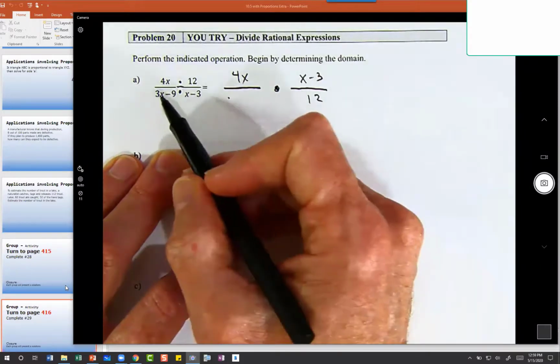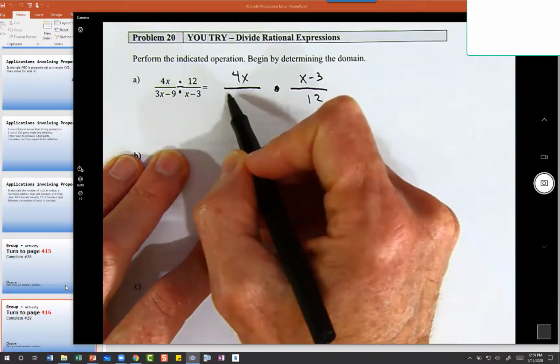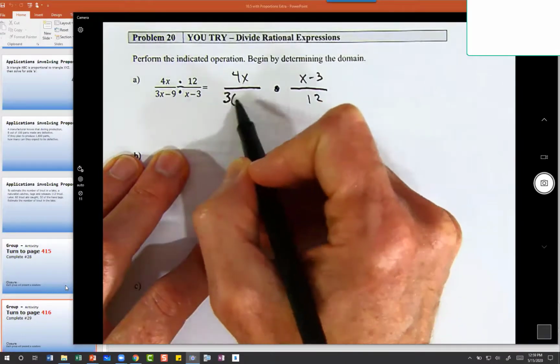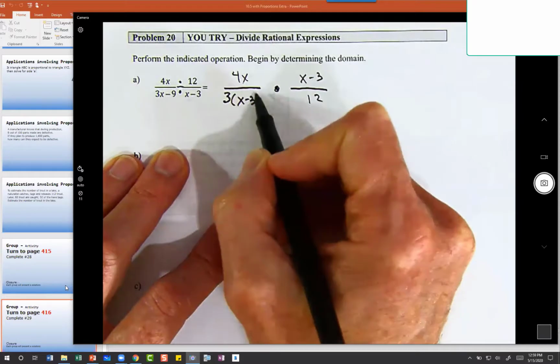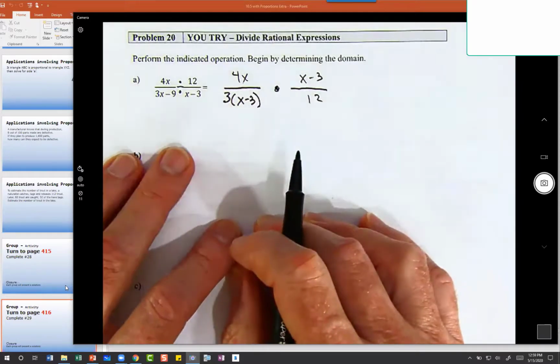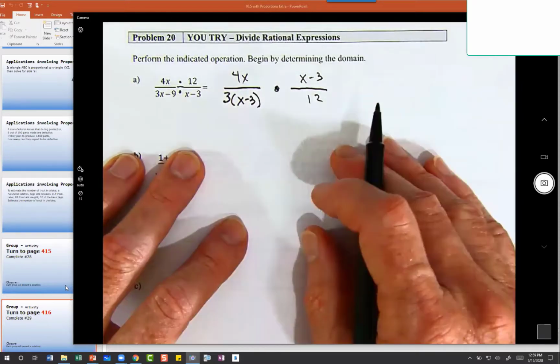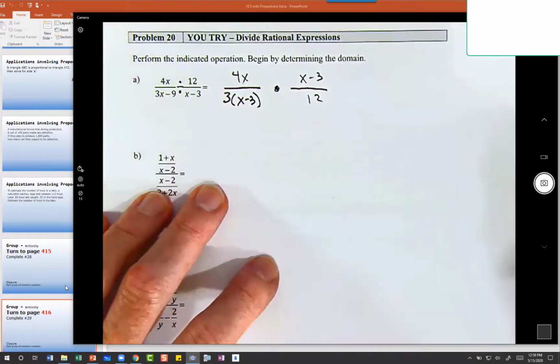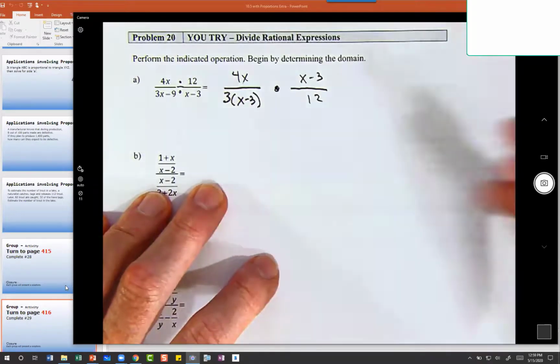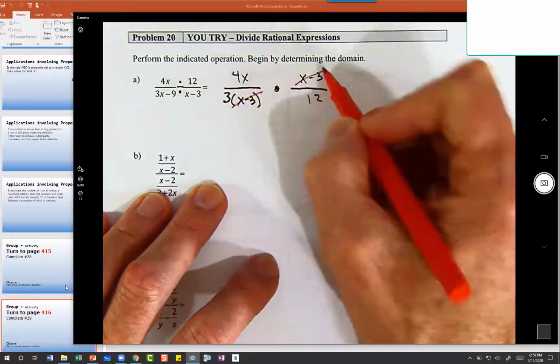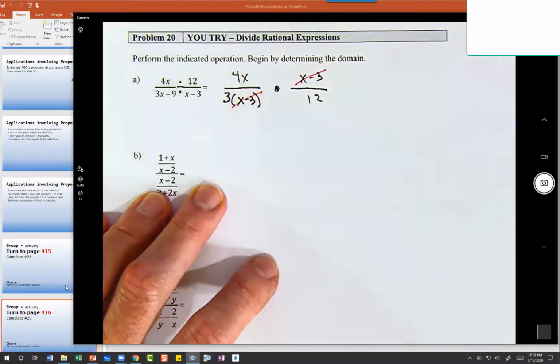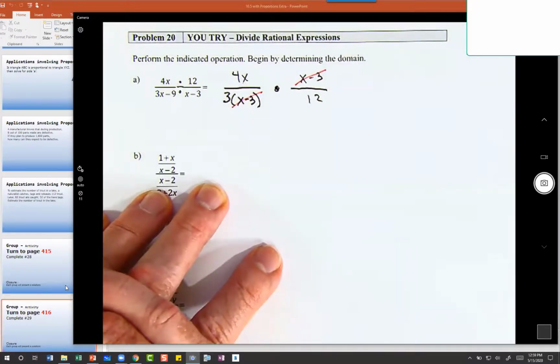And 3x minus 9 does factor. There's a common 3 here. And now that it's multiplied, I can start dividing common factors. You can probably tell, oh, x minus 3 is going to cancel. Anything else? Let's simplify 4 and 12 by 3.